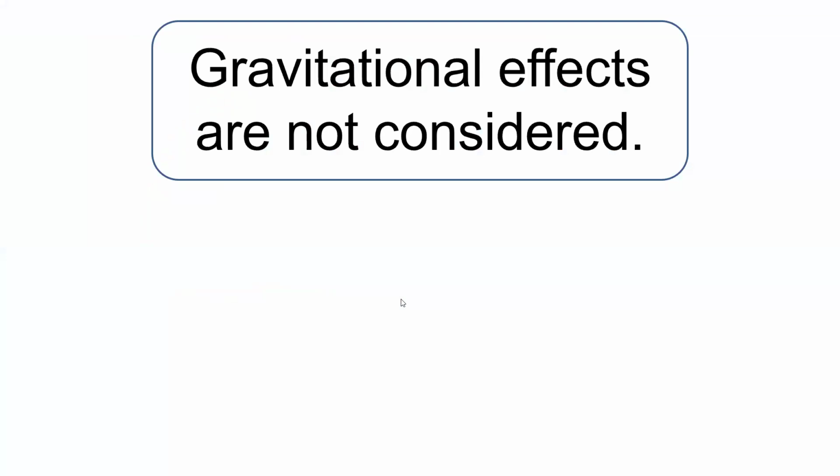Gravitational effects are not considered. Why do we not consider the gravitational effect? We see around us, why do the air molecules not fall down? We leave a pencil and the pencil goes down. Why do the atoms and molecules not fall down?